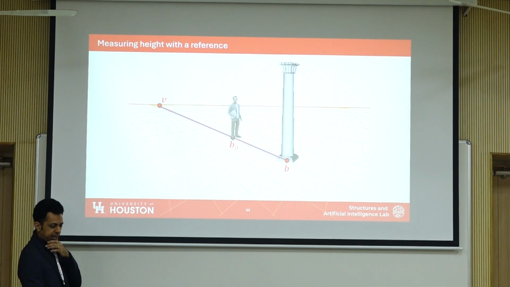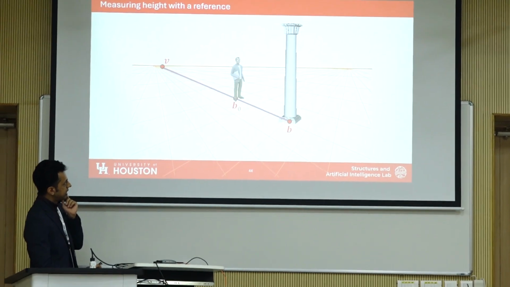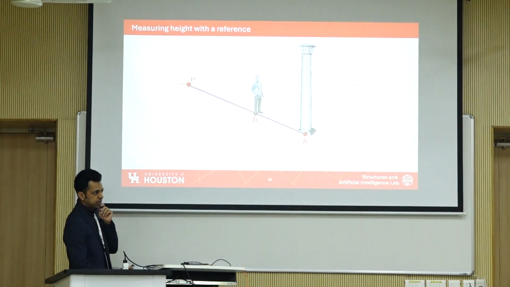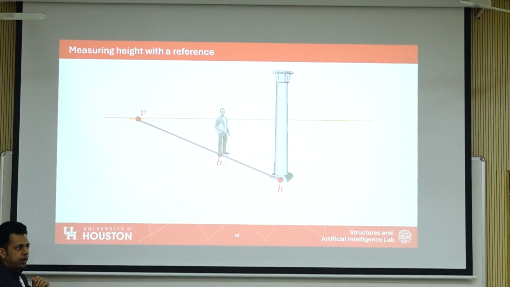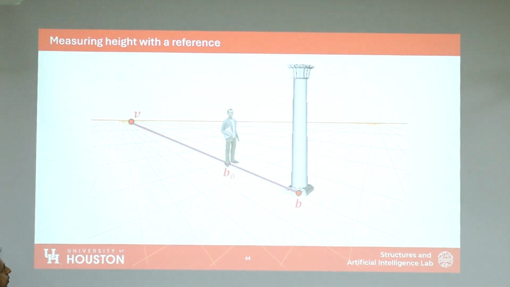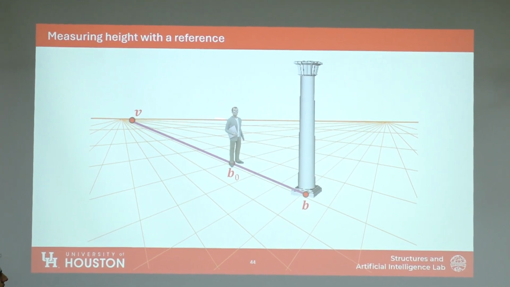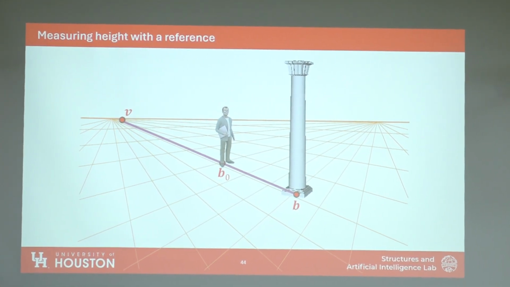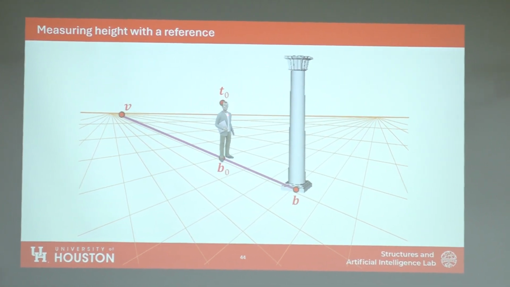and then I can draw a line that passes through both these points, and then I have a vanishing point where the line that joins these 2 points intersects my vanishing line. Then I have the top of this man.